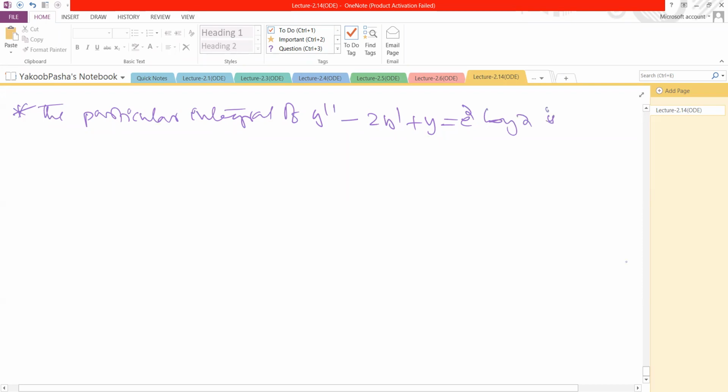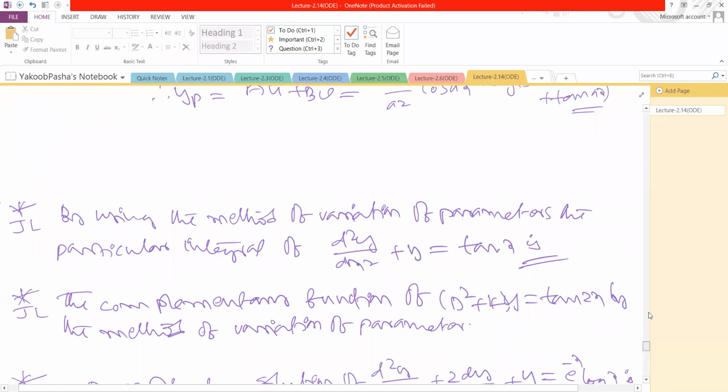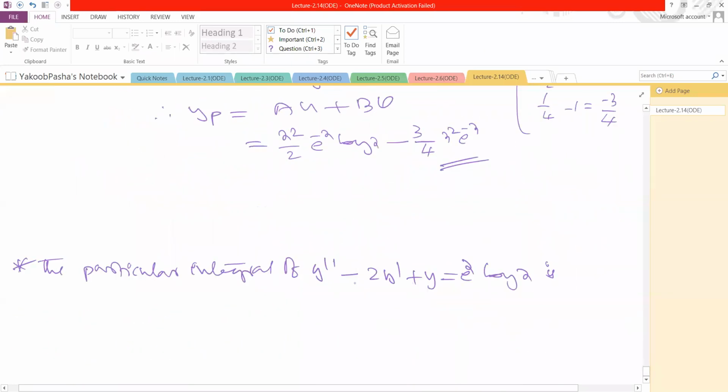Please, you can do this problem. The difference from the previous problem is that there it was plus and here it is minus, and here it is plus. You can do this problem.